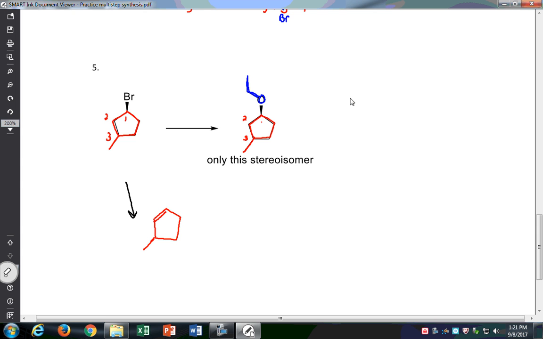Also, we really didn't talk about the addition that would work here. We could do the mercuration, because our alcohol is our nucleophile, so it would attach a hydrogen and an OH.